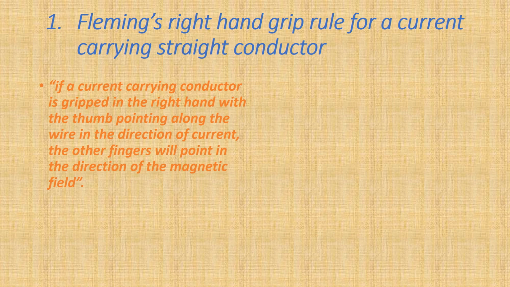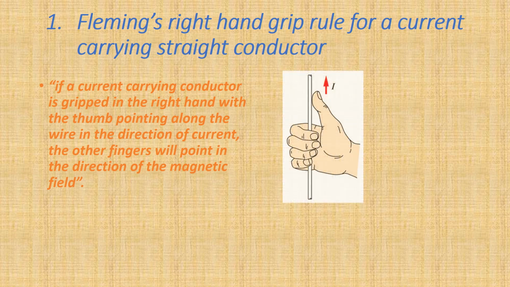Alright, to predict the direction of magnetic field, we use Fleming's right-hand grip rule. If a current carrying conductor is held in the right hand with the thumb pointing along the wire in the direction of current, then the other fingers will point in the direction of magnetic field. This is self-explanatory.